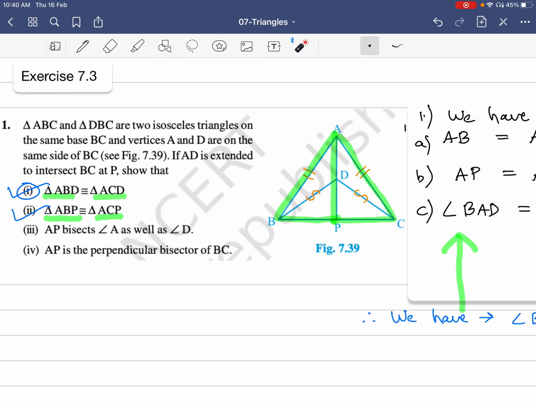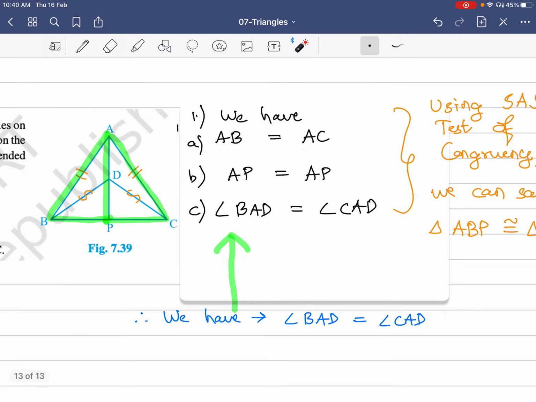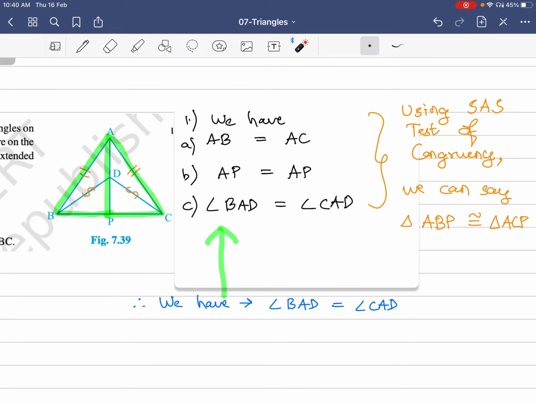Now once again, before we move to the third point, since ABP is equal to ACP, we can say, let me use a highlighter, that BP is equal to CP. This BP is equal to this CP because they are the corresponding sides of the two congruent triangles.